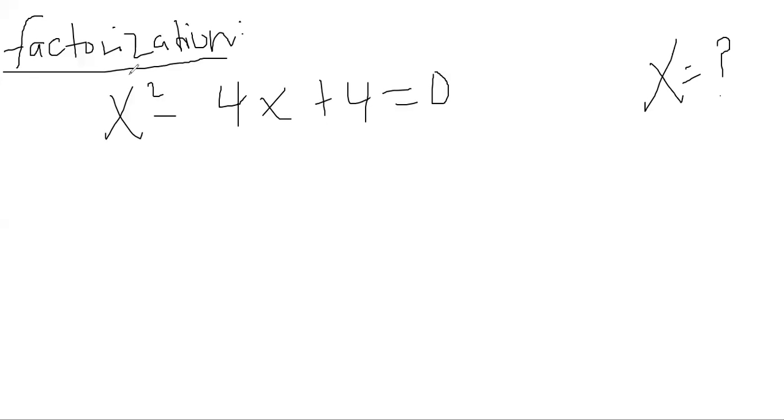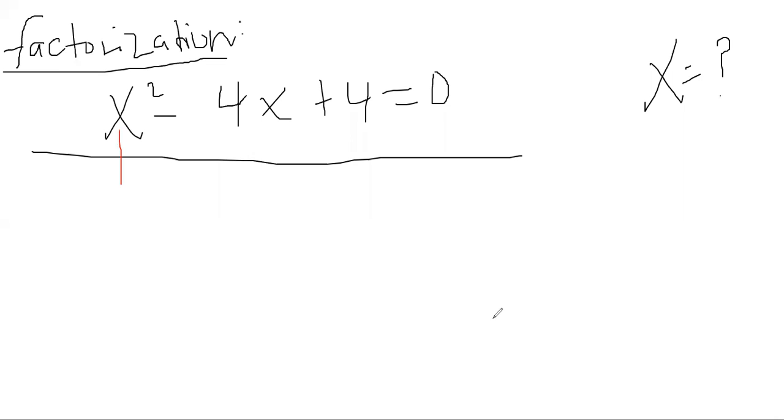So to use factorization, the first thing that you do is to focus on this quadratic term and the constant term. What you have to do here is find two variables which, when you multiply, will give you x raised to the power of 2.